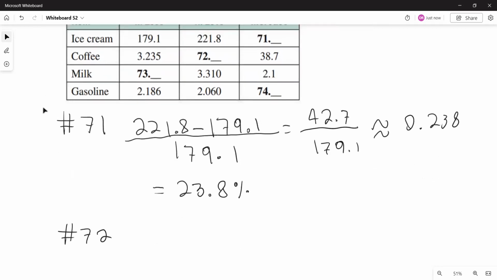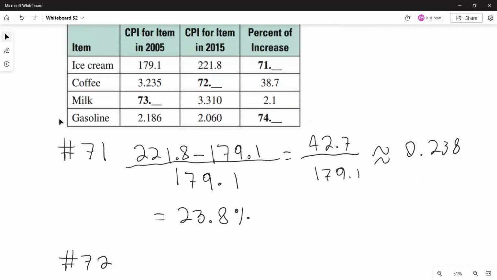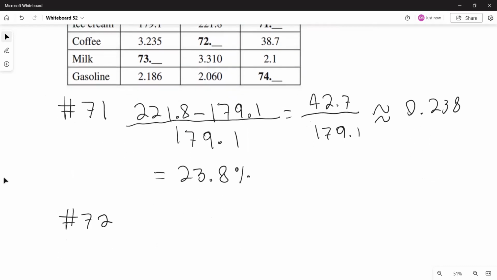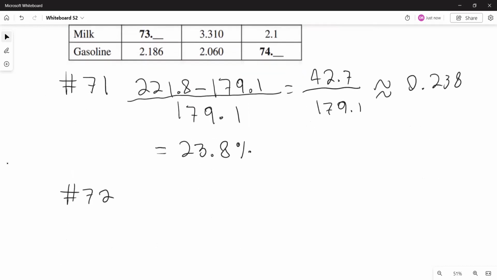In number 72, we know the percent of increase and the base CPI. We need to find the new CPI.